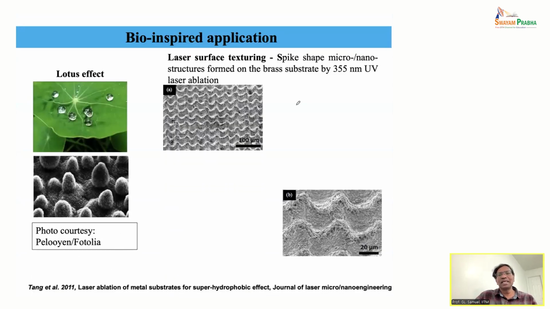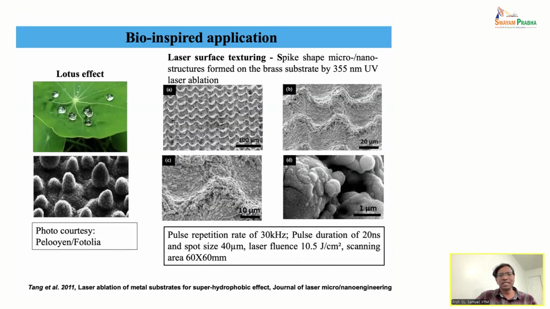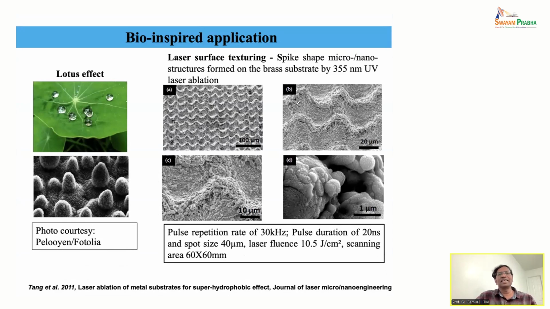Also, as Professor Melkut was explaining yesterday, we can have structures which are inspired by nature, and we can produce different textures on the surfaces and change the properties entirely. This we are going to see in the following lecture, where we'll be talking about surface texturing.